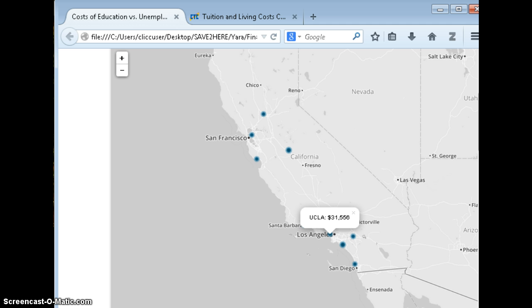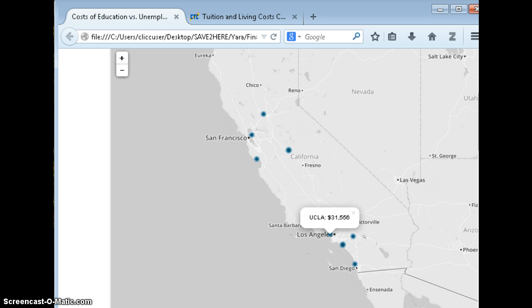Since UCLA's cost of attendance is almost the same as UC Santa Barbara's, with just a $100 difference, I decided to have UCLA's cost of attendance appear when the web page is loaded. To make the reader interact with the map, I have created circles to allow the reader to click on them and find out each UC's cost of attendance.